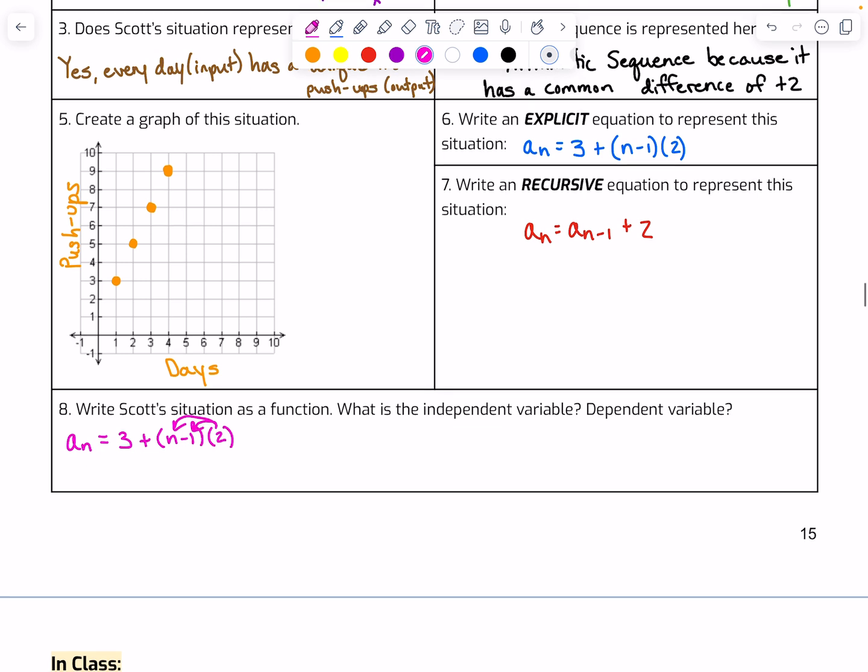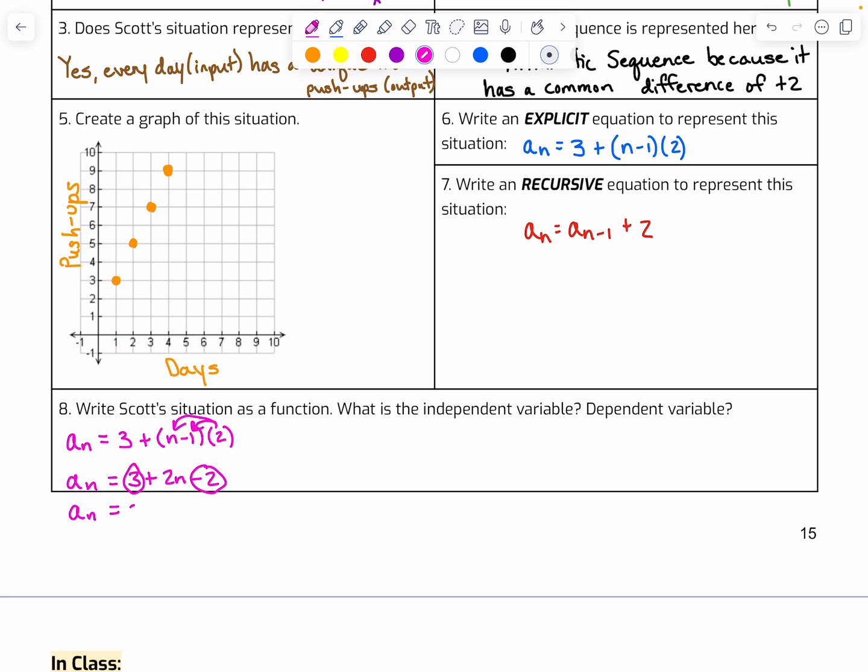So a sub n is equal to 3 plus 2n, and 2 times negative 1 would be minus 2. And then to clean that up, we can add together 3 and negative 2 because those are constant terms. They're just numbers, so we can add those together.